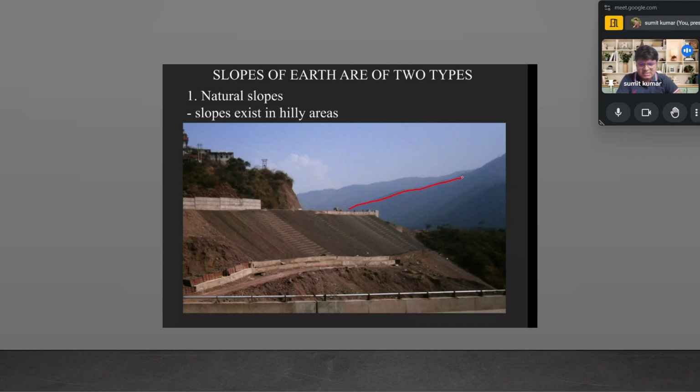So this is the section which is presenting the natural slopes. It is already existing by nature, not created by us. So these cross sections, the slopes existing in the hilly region, are the natural slopes which are created by nature only, with the establishment of the earth form.